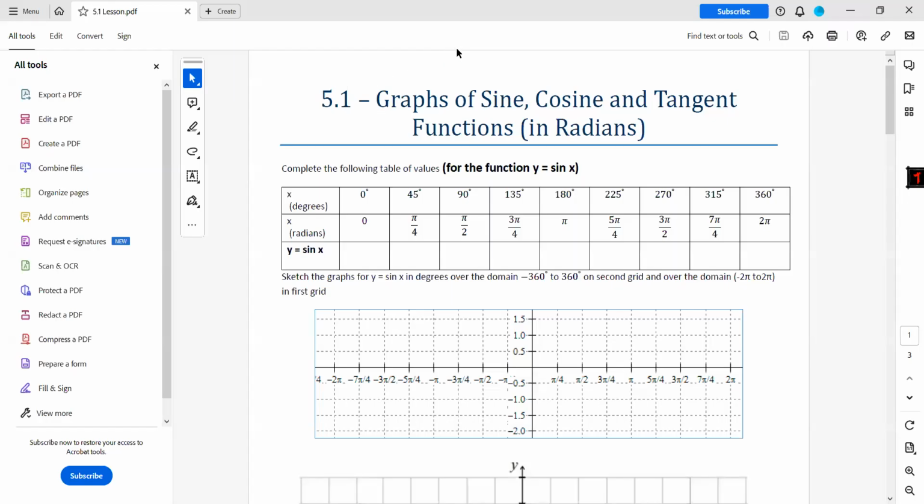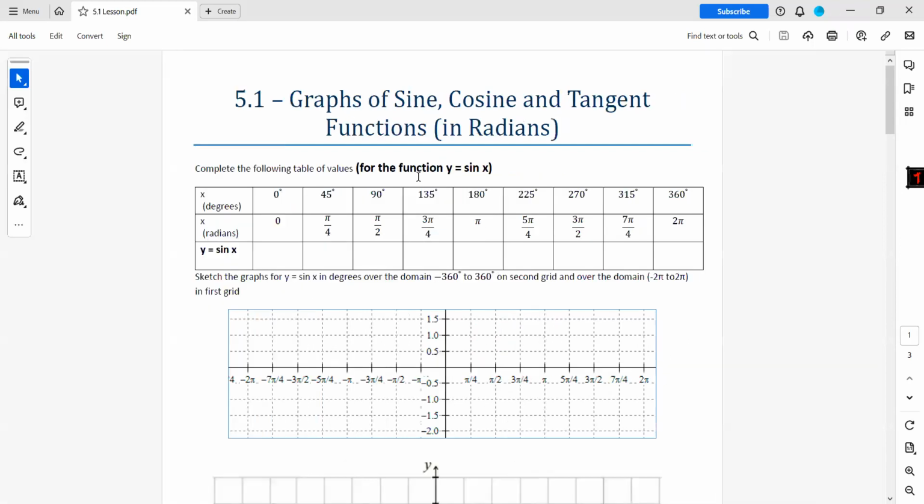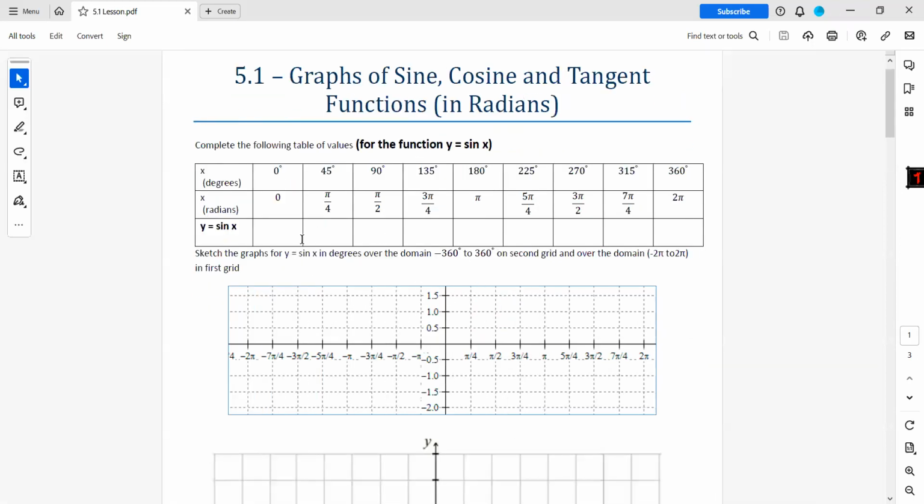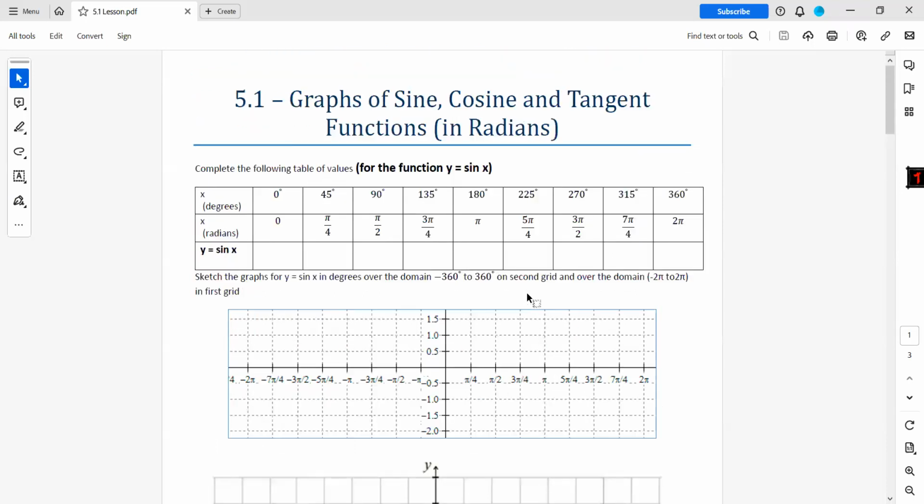So here it is. First of all, I would like to congratulate you on covering Unit 4. And now, take a glance at the next unit, what we're going to start with. We're going to start with graphs of trigonometric functions.